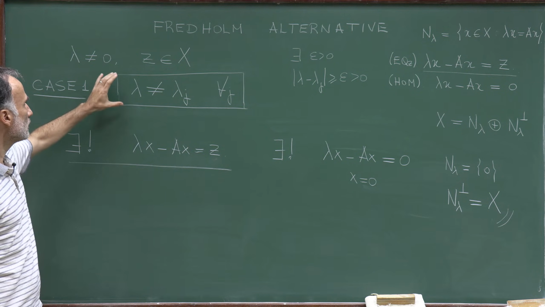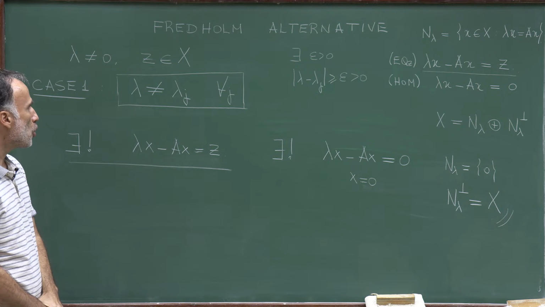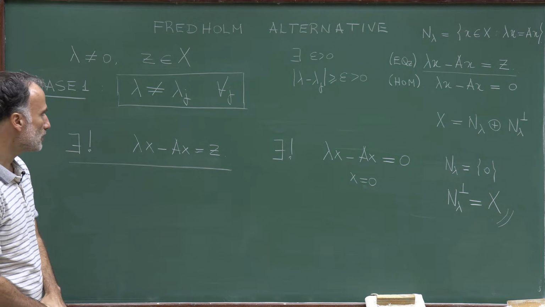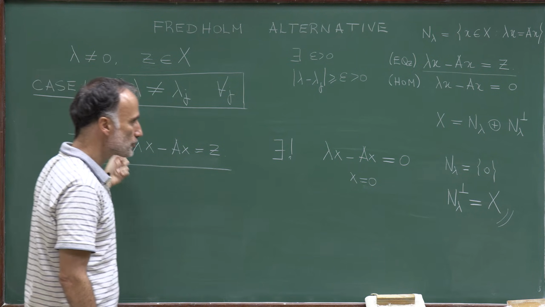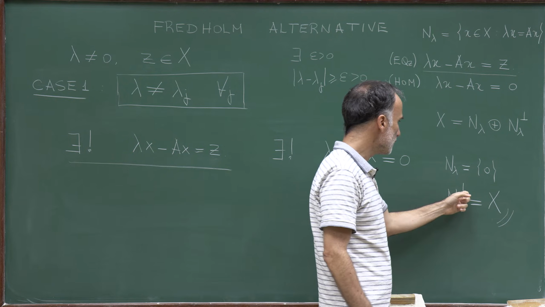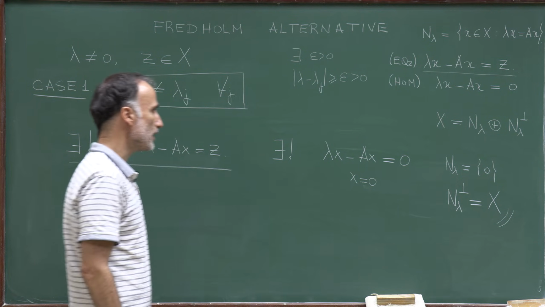So the theorem holds when lambda is different from all lambda_j's, right? Because on the one hand, this always has a solution, and on the other hand, the orthogonal space of N_lambda is the entire space X.